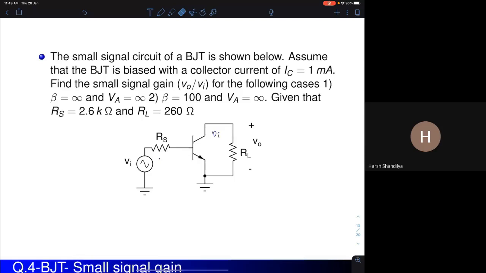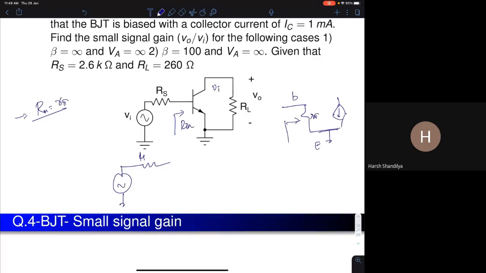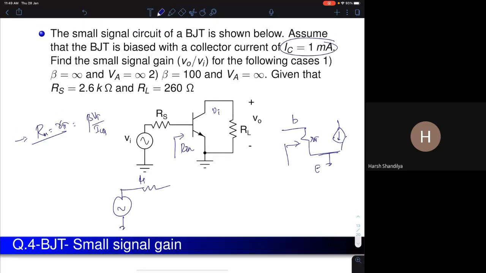See, what I was saying is you can draw the small signal model and derive it, but think about it intuitively. The input resistance for a common emitter configuration we just derived is R pi. That's the input resistance looking into the base. Now, R pi is nothing but beta VT upon ICQ. For a given collector current of 1 milliampere, VT is 25.9 millivolts at 300 Kelvin.